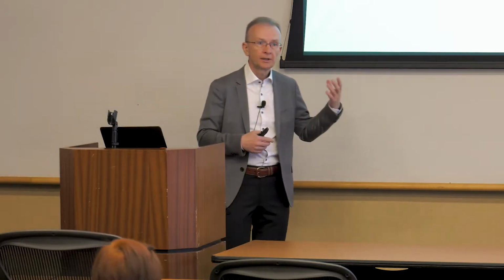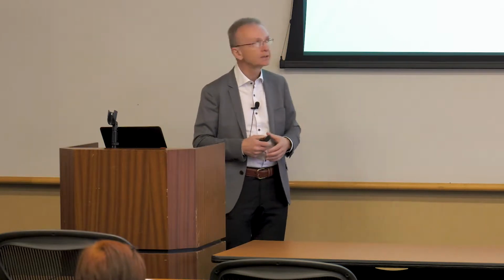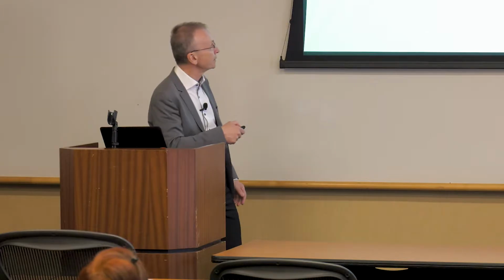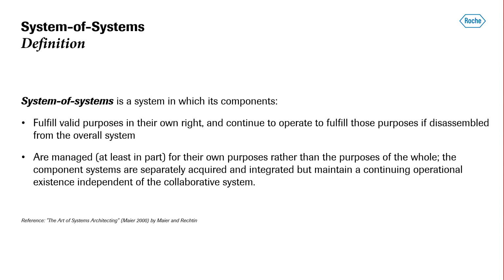So for this purpose, the definition of how we treat system of systems is actually taken from The Art of Systems Architecting by Maier. A system of systems is a system in which its components fulfill valid purposes in their own right and continue to operate to fulfill those purposes if disassembled from the overall system.